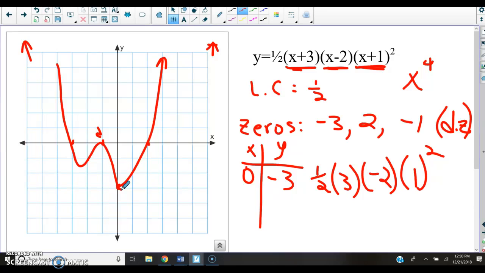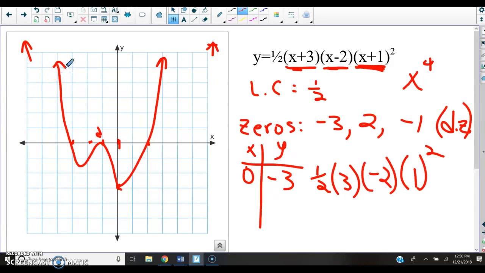So when you are to the left and it's a negative number, so if you have -2 in here, -2 plus 1 is -1. When you square it, it's 1. If I put 0 in for x, it's also going to be 1. And that's why it's the same both on the left and the right. So anytime you have a double root, a double zero, a double intercept, it's going to bounce.